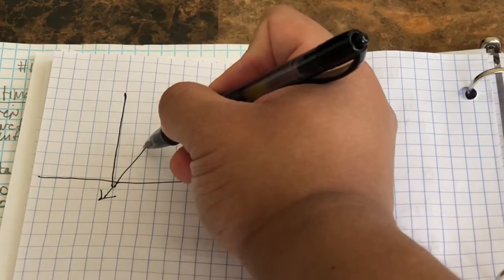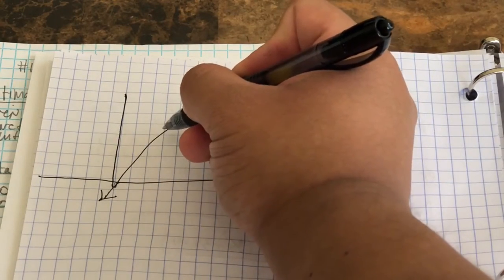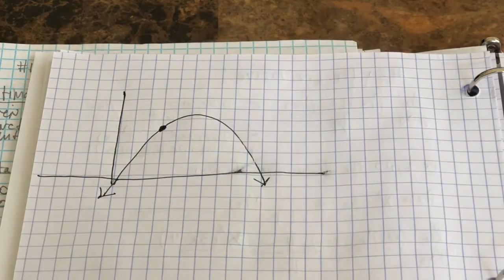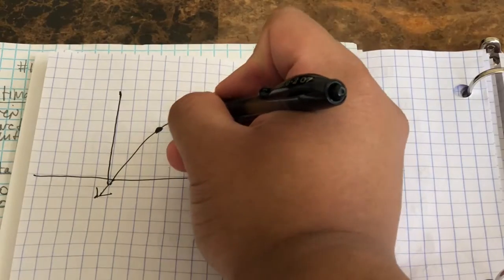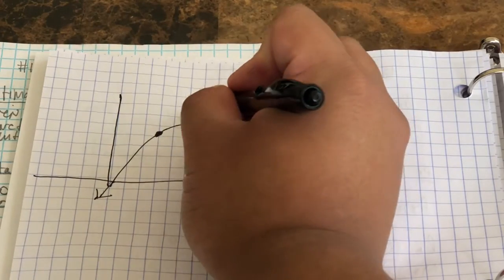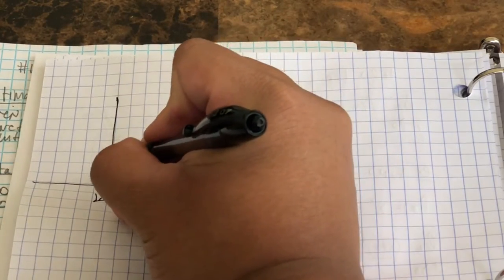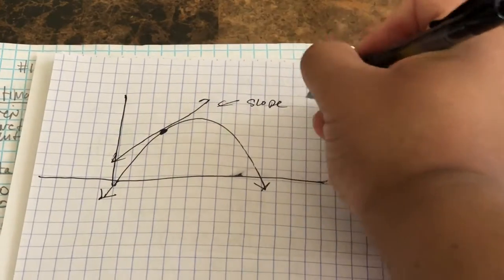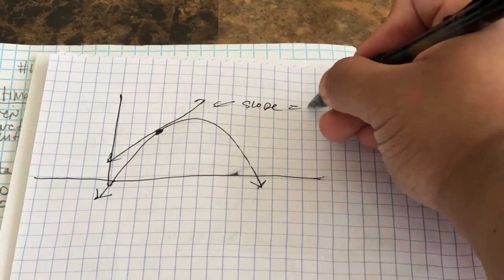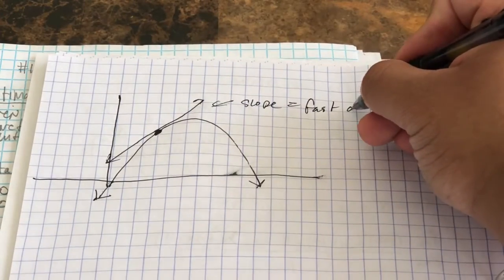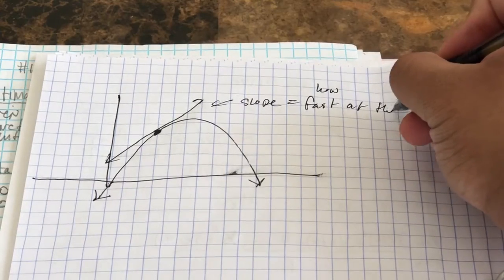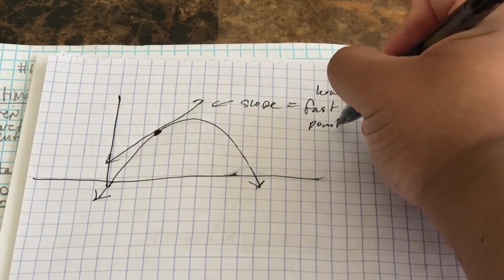If we want to figure out how fast the ball is traveling at a point, we're basically asking: if this is a point and I draw something called a tangent line, the slope of this tangent line is how fast it is at this point in time.